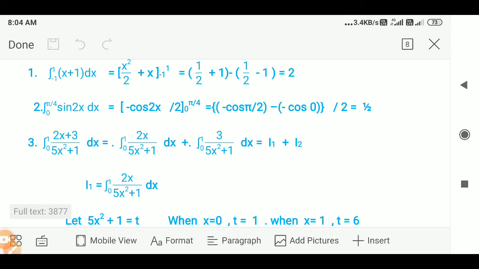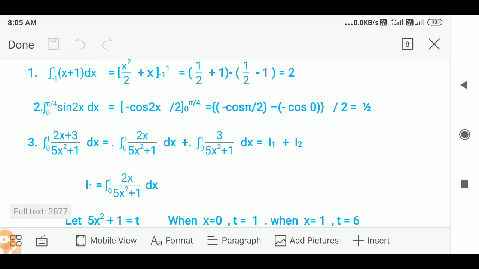There is question 2: the integral from 0 to pi by 4 of sin 2x dx. The integration of sin 2x is minus cos 2x upon 2, from 0 to pi by 4. So put the value pi by 4 in place of x and then 0 in place of x.